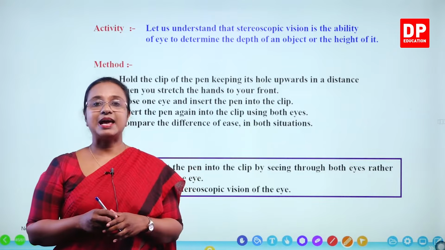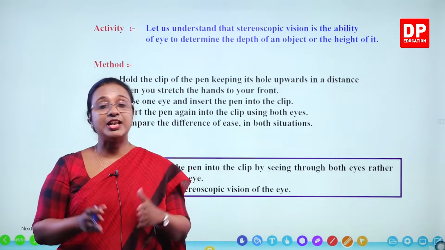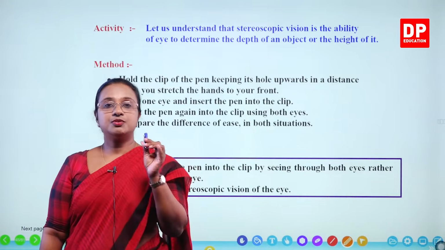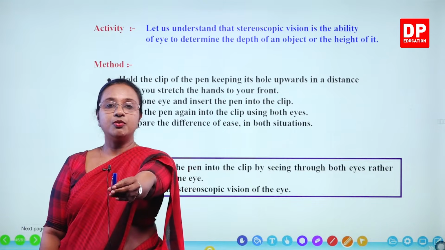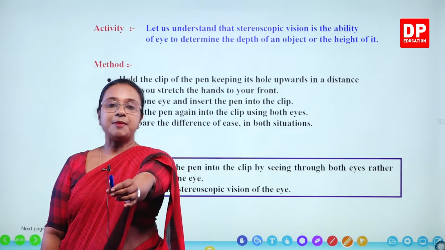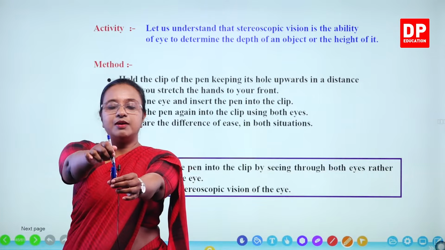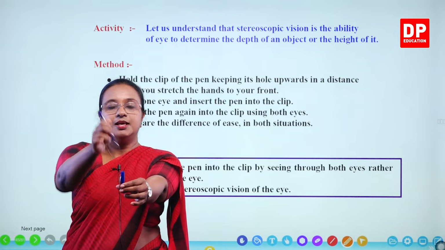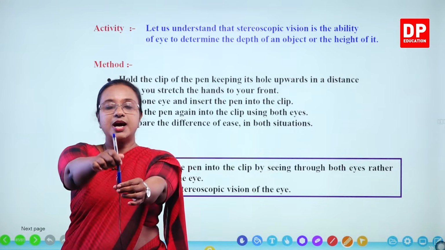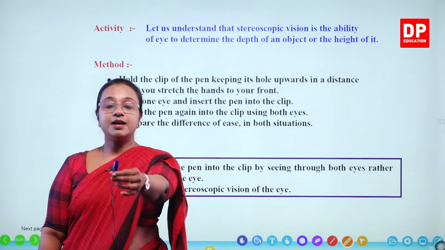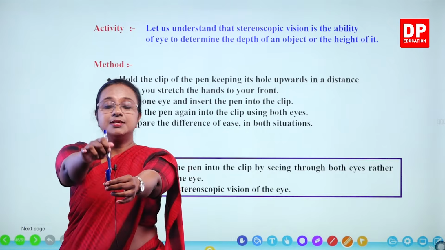So, a very simple activity. Again, we don't have to go to the lab. You can do it by yourself. What you have to do is hold the cap of the pen in front. Close one eye and try to insert it. With my right eye closed, I can't insert it into the cap. Even if I try with my left eye closed, the same thing.